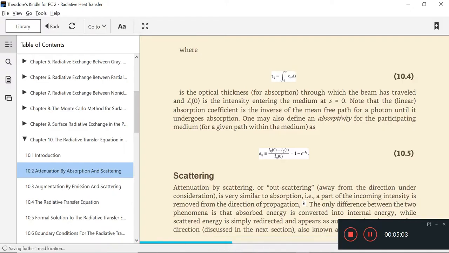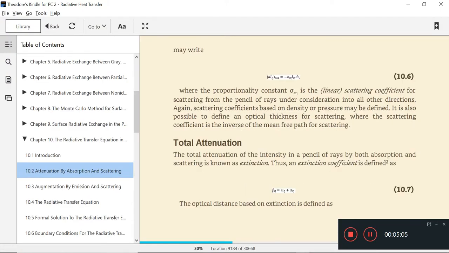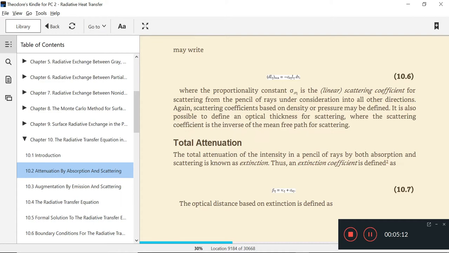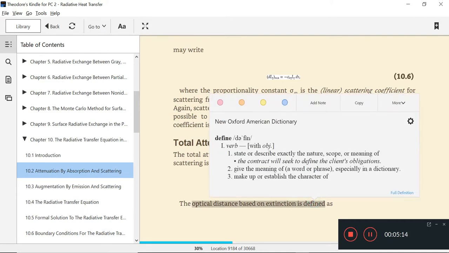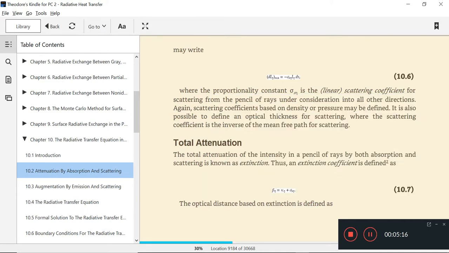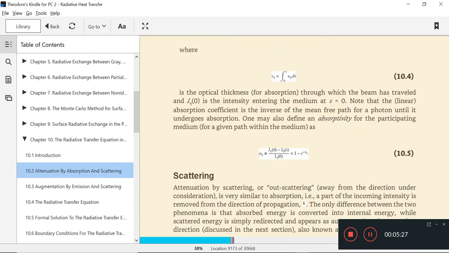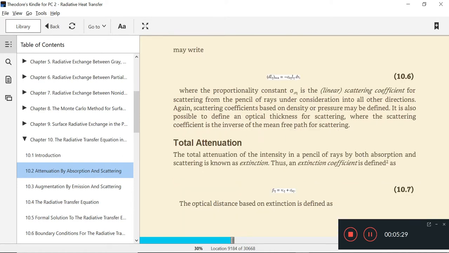Usually when we come to radiation, we like to use this optical thickness to describe our systems. So you see tau eta is over here. That's where we get our thing.